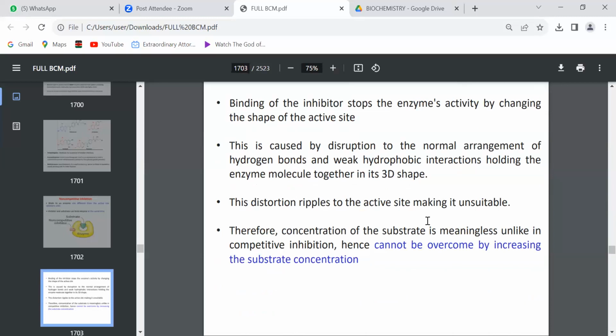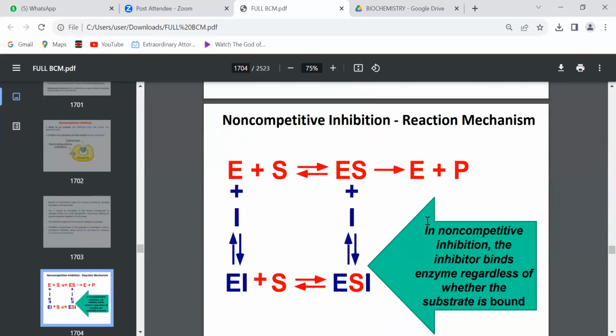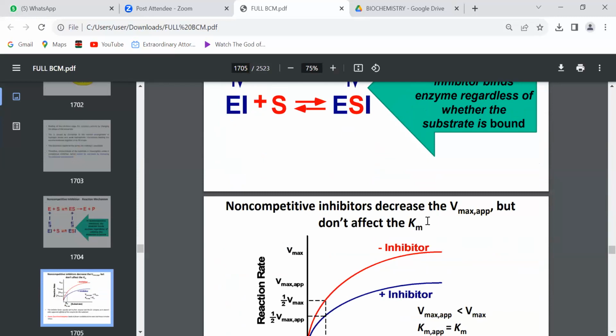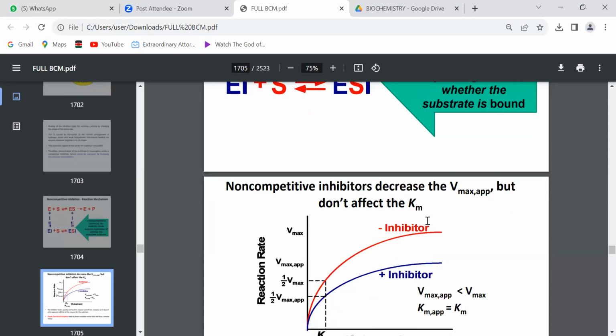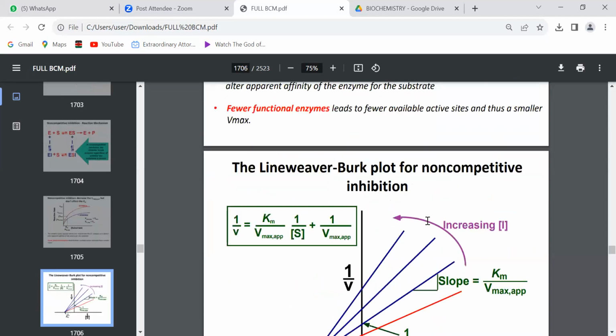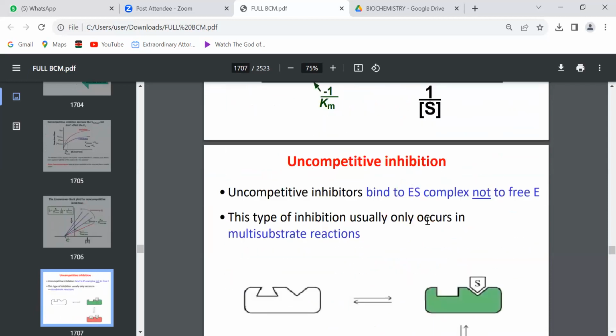It still wouldn't bind. So non-competitive inhibitors decrease the Vmax, but have no effect on the Km.